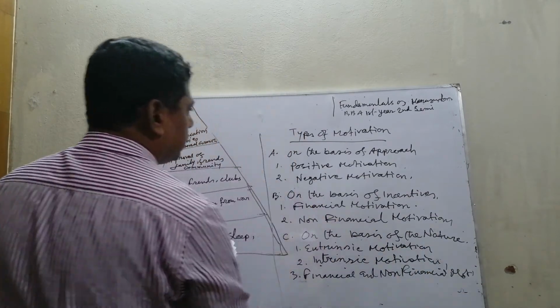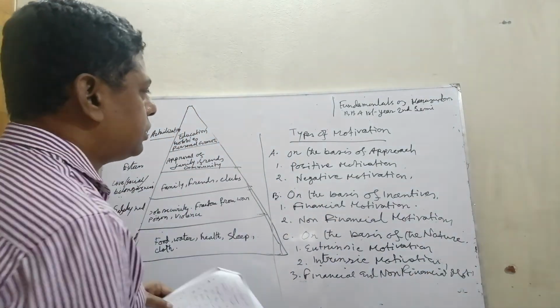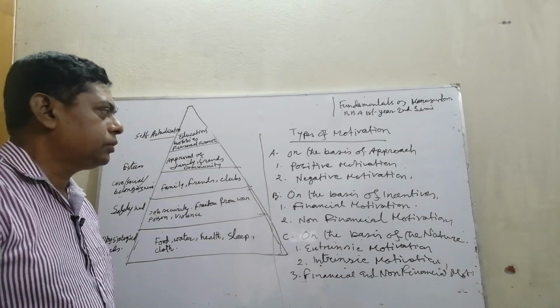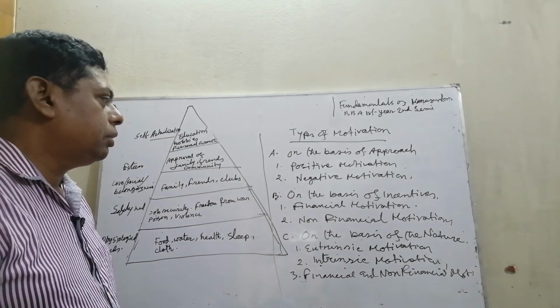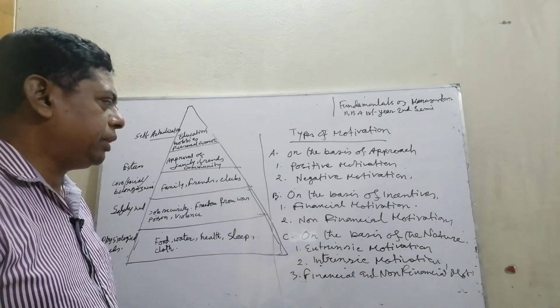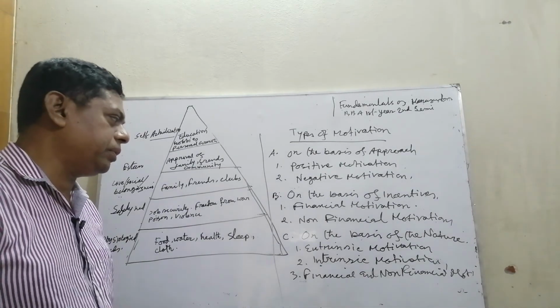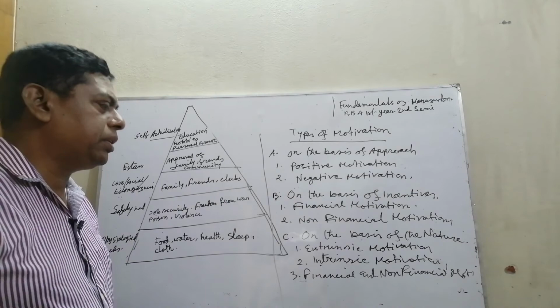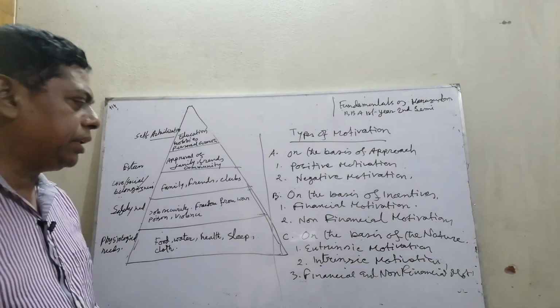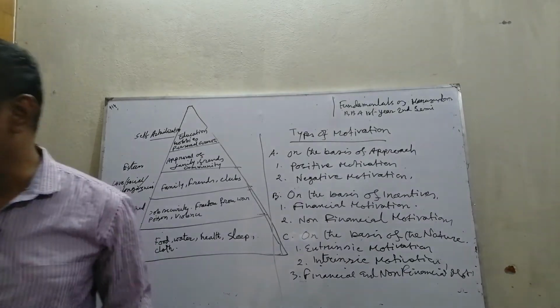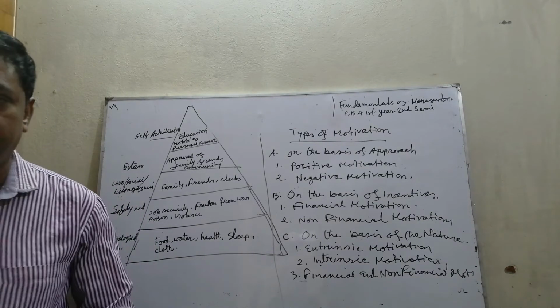That is the important types of motivation. First, on the basis of approach, positive motivation and negative motivation. On the basis of incentives, financial motivation and non-financial motivation. On the basis of the nature, extrinsic motivation and intrinsic motivation. That is the important types of motivation.